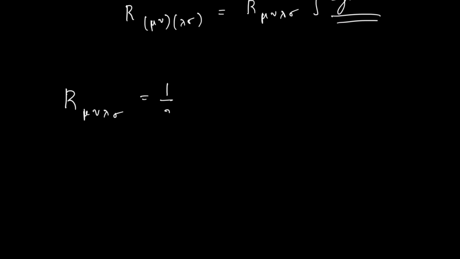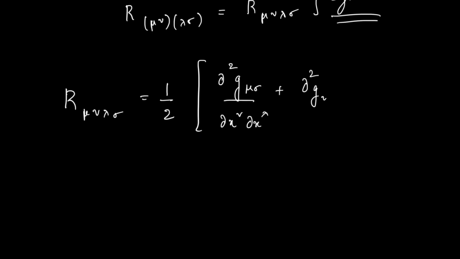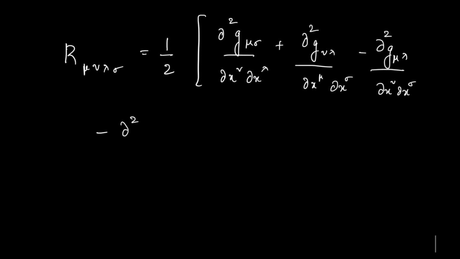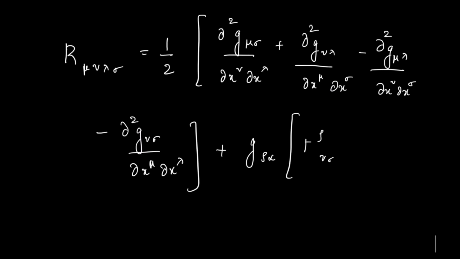By definition it is half of partial derivative with respect to x nu x lambda g nu lambda minus x nu with respect to x mu and x lambda plus g rho alpha Christoffel symbol.